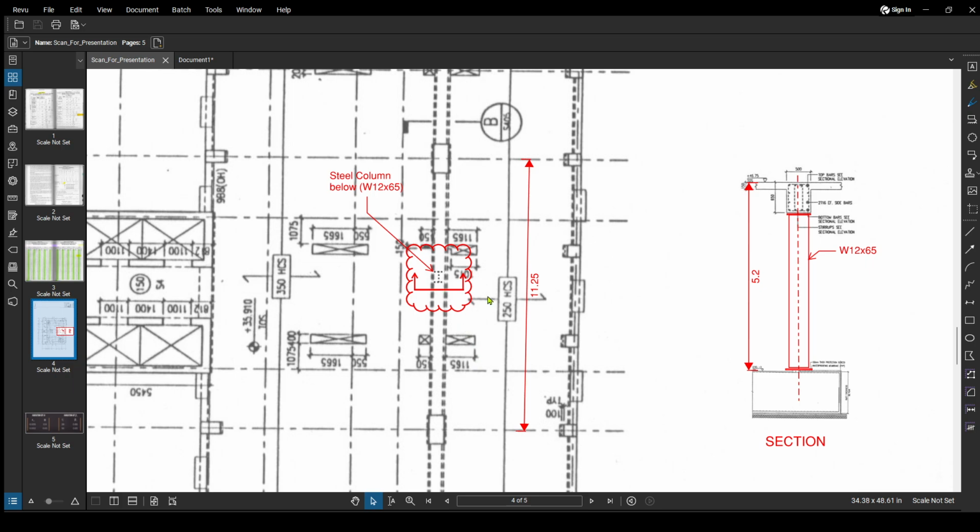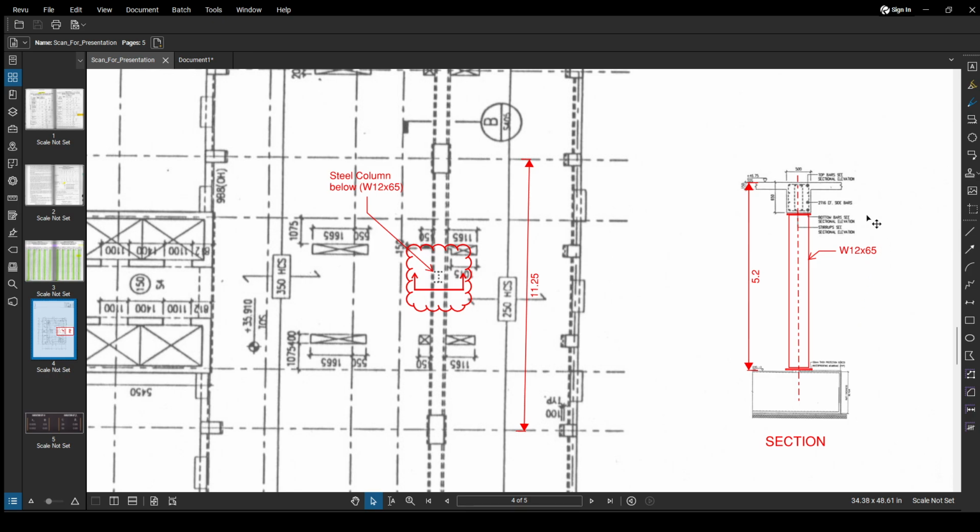So we proposed to provide steel columns, W12 by 65, at the middle of the beam to carry this additional load. The column is fixed at the soffit of the existing concrete beam by means of a chemical method, and the lower end has a base plate anchored to the existing raft foundation.